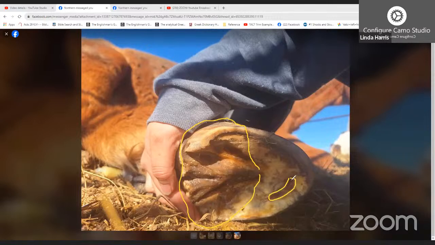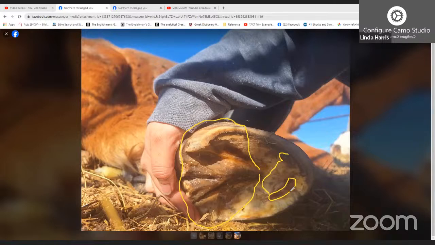Well, this abscess actually could have been a lot bigger, even this big. It probably was way bigger than the little space she was able to cut out to get some relief when pus and stuff came out of it.